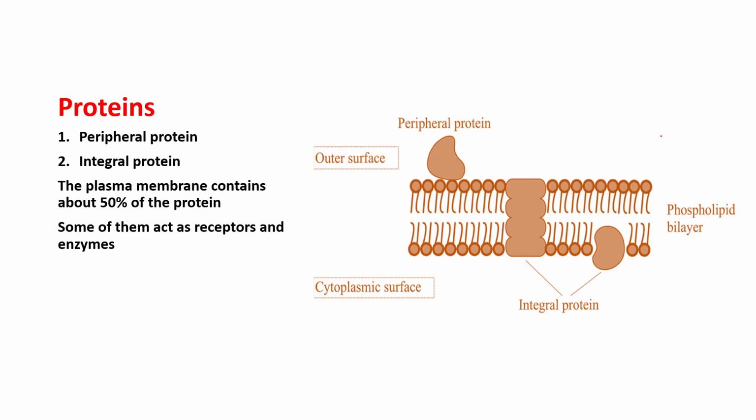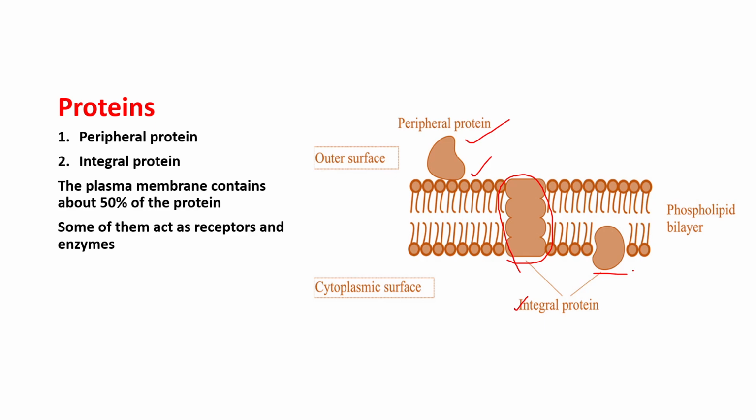You can see in the diagram the peripheral proteins are present on the surface of the plasma membrane, and integral proteins are also known as transmembrane proteins, and they are embedded inside the plasma membrane. The plasma membrane contains about 50% protein, and some of them act as receptors or enzymes.